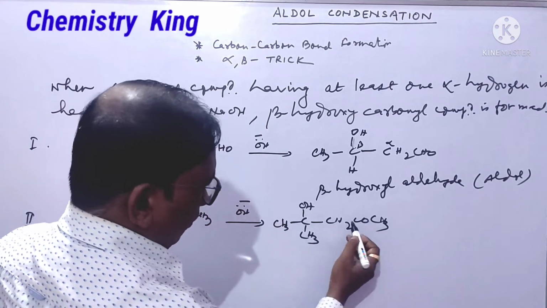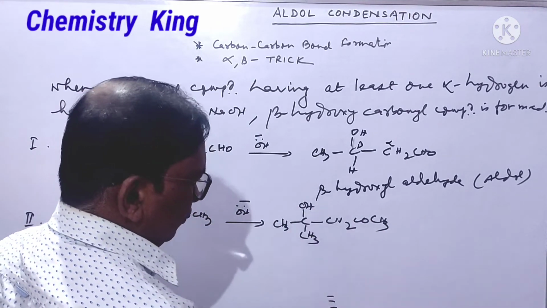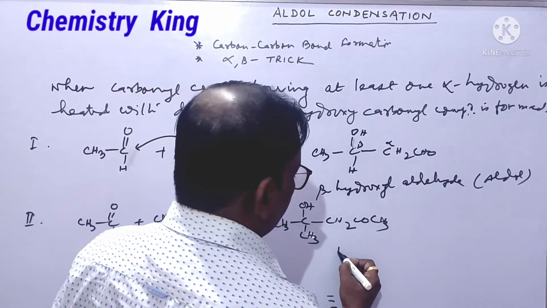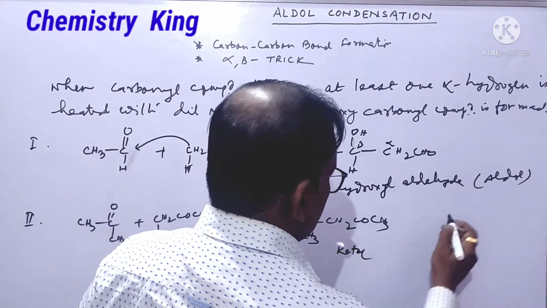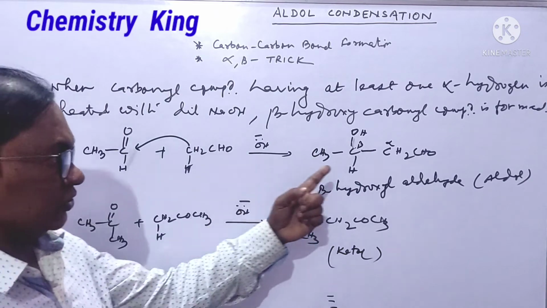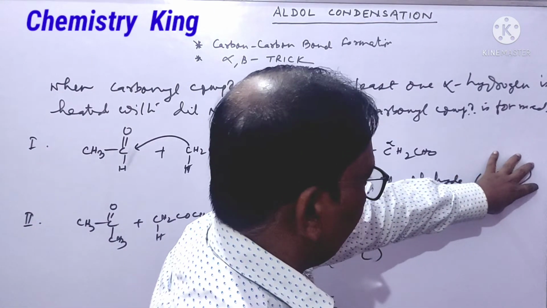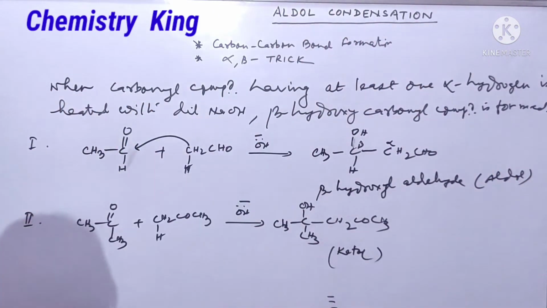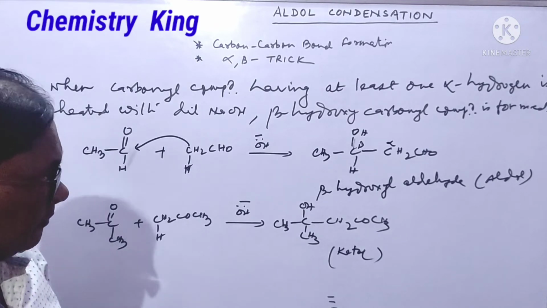It is keto group, it is alpha, it is beta hydroxyketone, it is ketone, it is aldol, and it is the first reaction. So, on the basis of this aldol, the name of the reaction is aldol condensation.